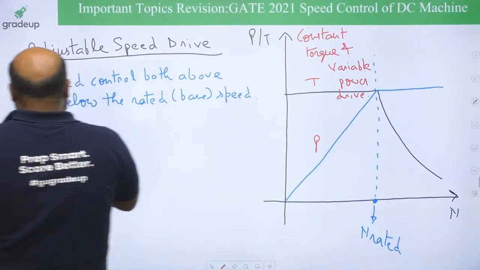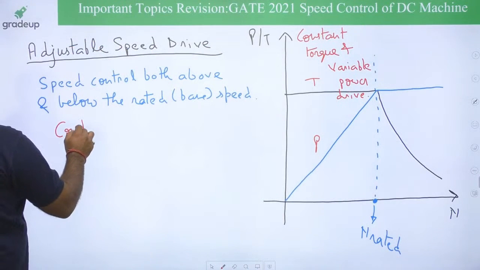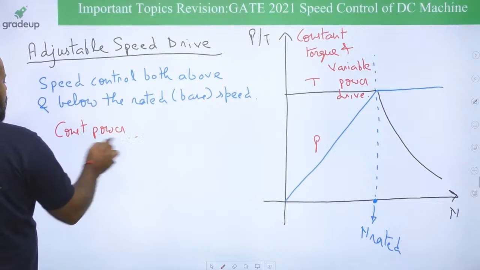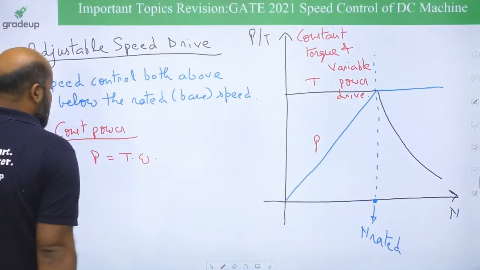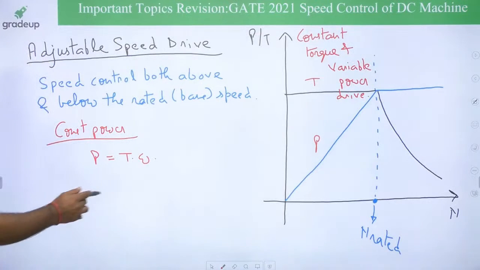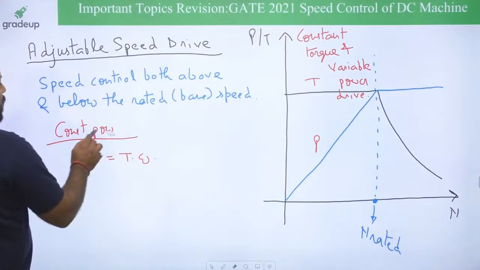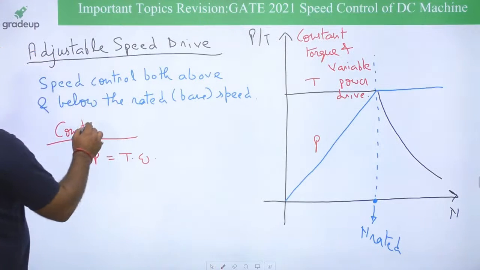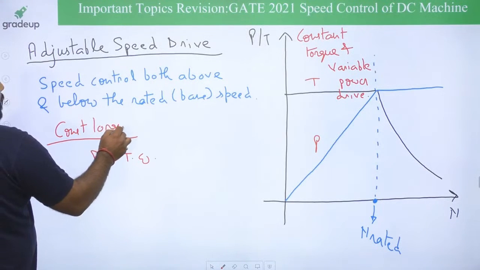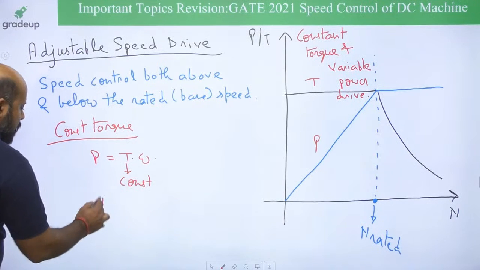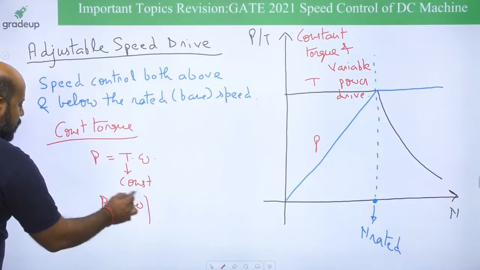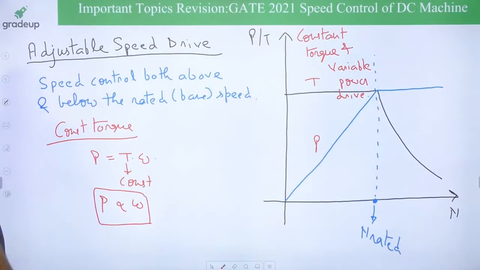Now you know P is equal to T into omega. If the torque is going to be constant, then your power is going to be directly proportional to speed.